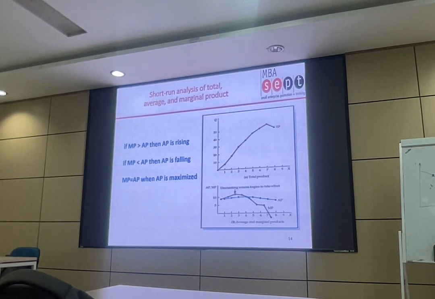So when the GPA is higher than the CPA, does the CPA increase or decrease? For example, if the GPA of this term is higher than the CPA, what is the trend of the CPA? CPA is rising, yes. So we can consider GPA as marginal and CPA as average.